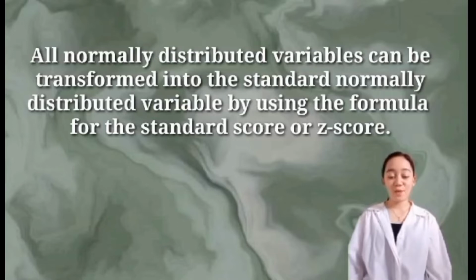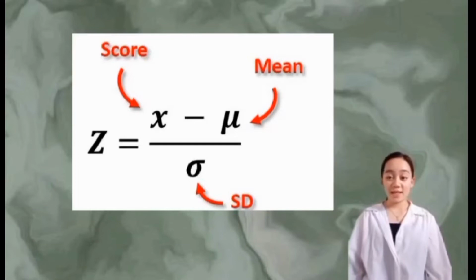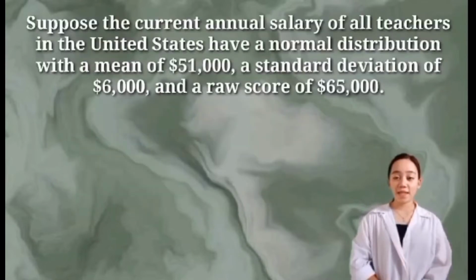So, if you're wondering how we can get the Z-score, we can get it using the formula Z is equal to X minus mu over lowercase sigma, where X is equal to the raw score, mu is equal to the mean, and the lowercase sigma is the standard deviation. For example, suppose the current annual salary of all teachers in the United States has a normal distribution with a mean of $51,000, a standard deviation of $6,000, and a raw score of $65,000.